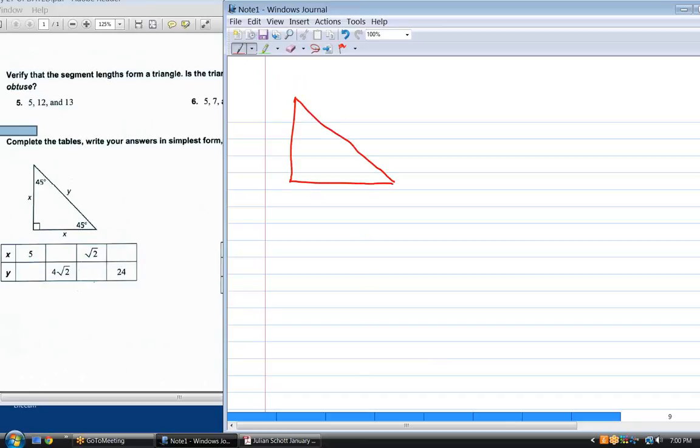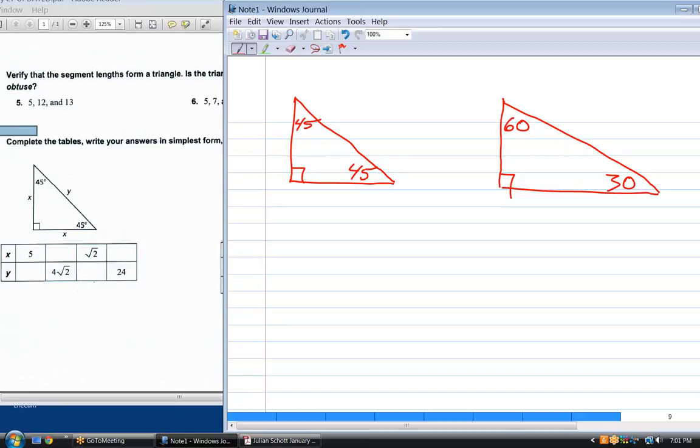Now, I have what I call my unit 45, 45, 90 triangle, and the other one is a 30, 60, 90 triangle. Both of them are right triangles. In one case, the two acutes are 45, 45, and in the other it's 30 and 60.